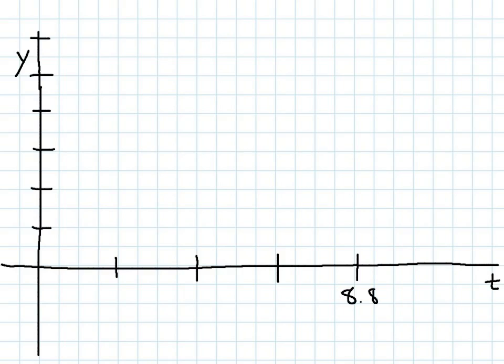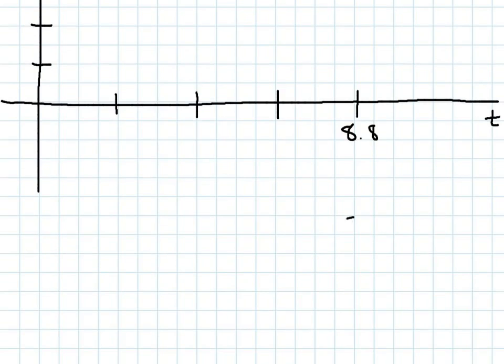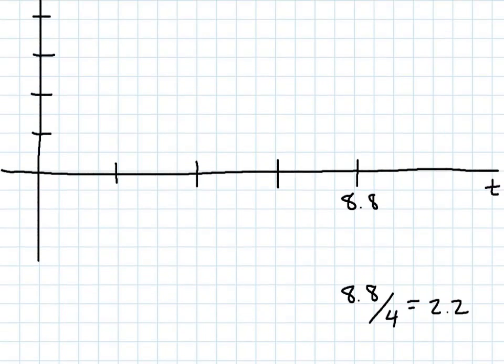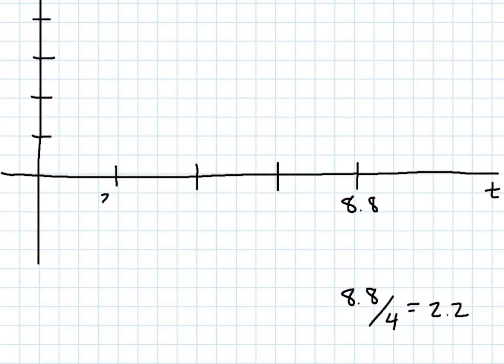Now, like we usually do with period, the period's 8.8. We want to break that into fours, so every interval should be at a distance of 2.2 away. So starting at 0, we'll make this 2.2, this one will be 4.4, and then this one will be 6.6.